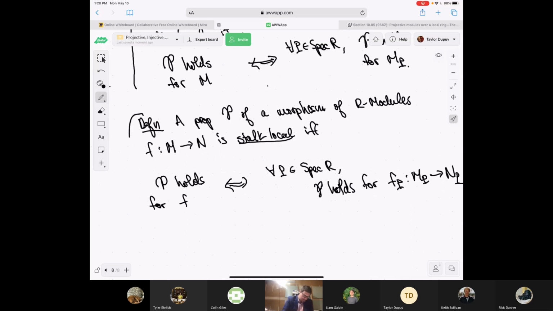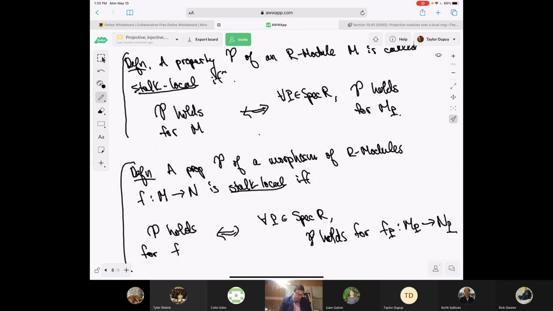Let me say what the quantifiers are here. I was worried about the quantifiers, but it's fine, it's just a thing you do about all morphisms. So P holds for a morphism if and only if it holds for all the localizations.